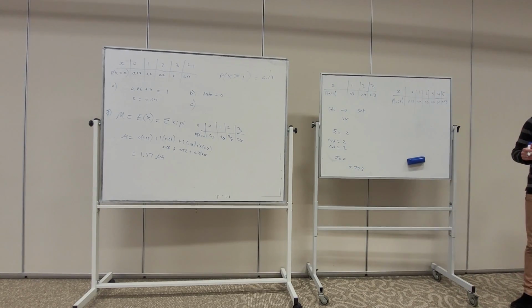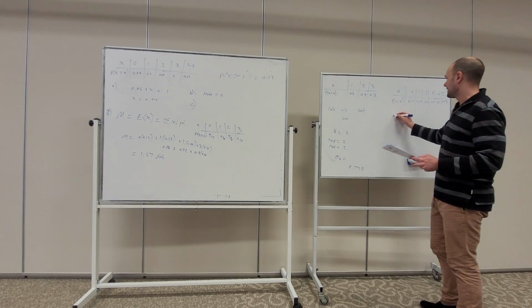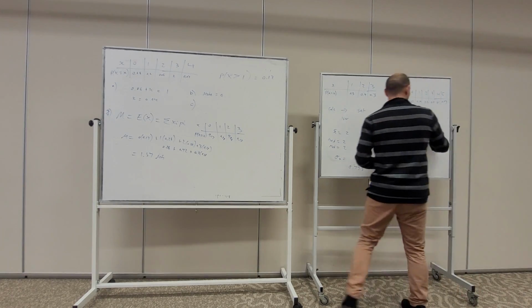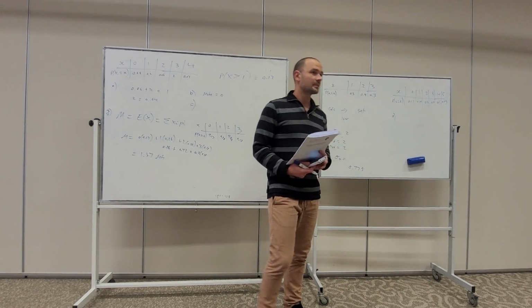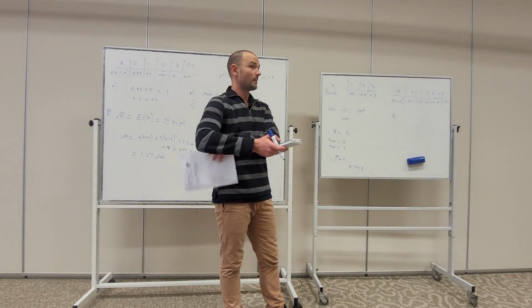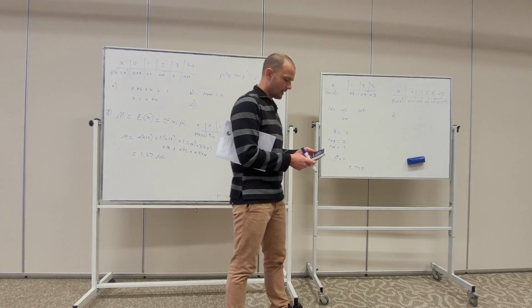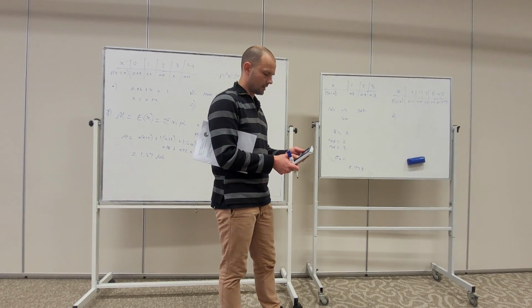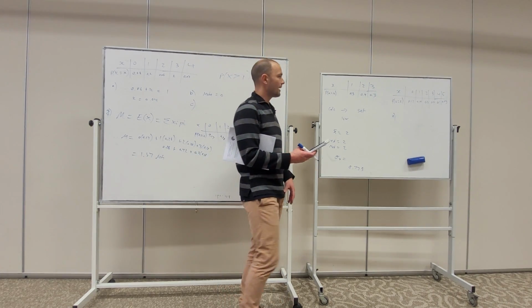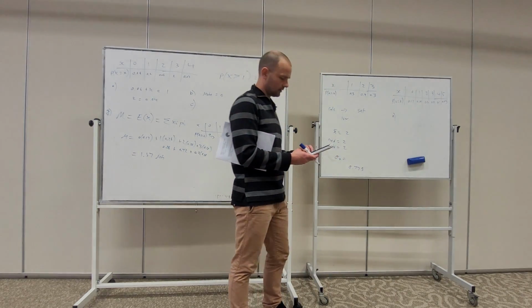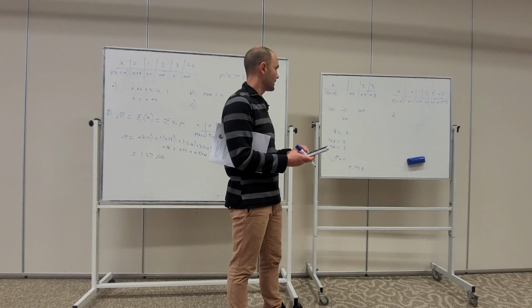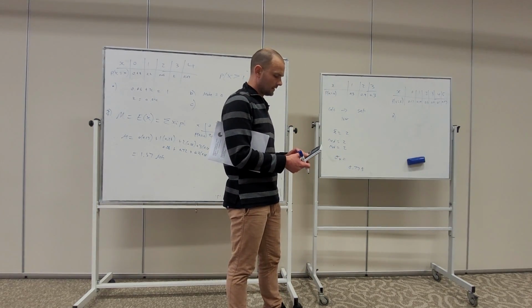Part A says find E of x. So this is the expected value of the distribution. The mean, now the fastest way to do that is probably typing it into your calculator. They're probably about the same speed really, but I'm just going to type it in my calculator so that I don't make a mistake when trying to evaluate it like I just did before, trying to evaluate it manually. 3, 4, 5.